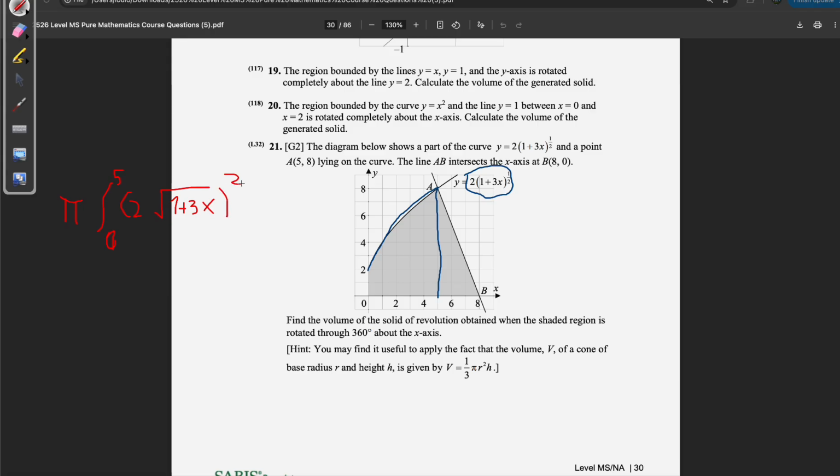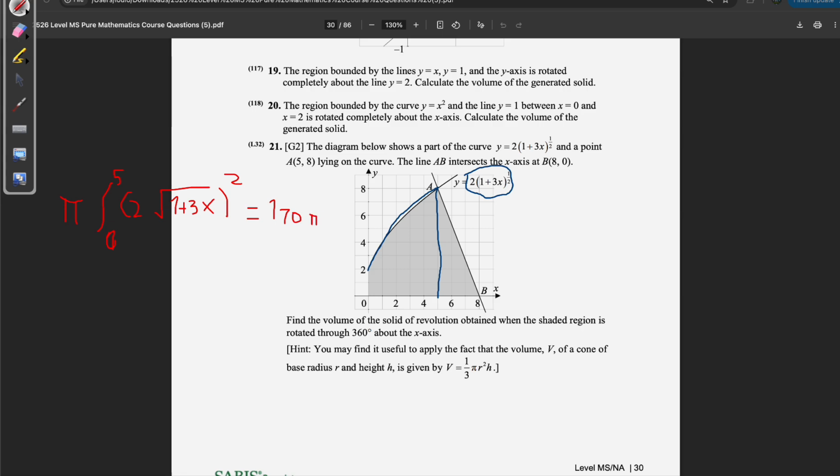So I'm gonna plug this into the calculator. From 0 to 5, 2 into radical 1 plus 3x, all of that squared, you're going to get 170 pi.